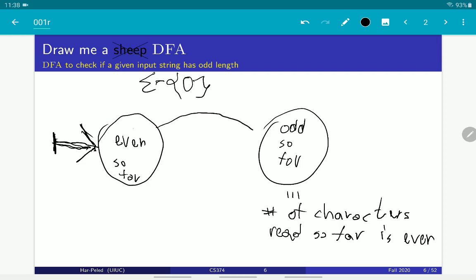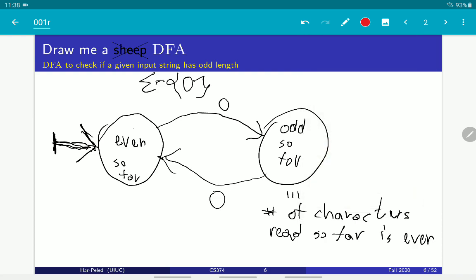So we draw an arrow from the even state to the odd state, and we put 0 on it, which says we got the character 0 in the input cell. As such, we have to move to the odd state. Similarly, if we're in the odd state and we get a 0, we go back to the even state.